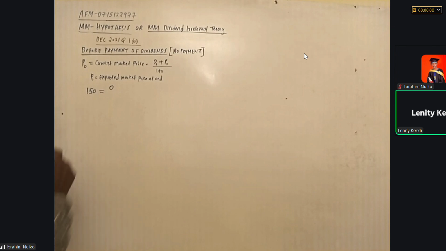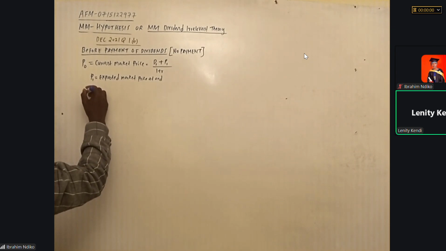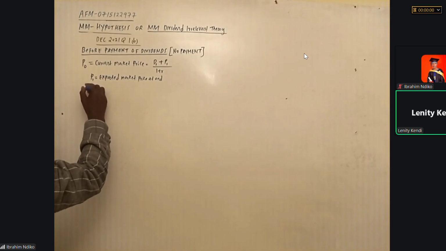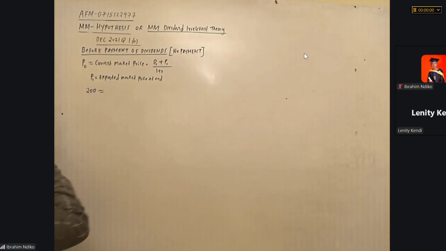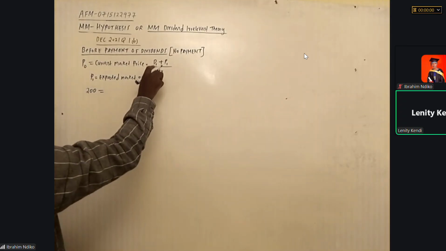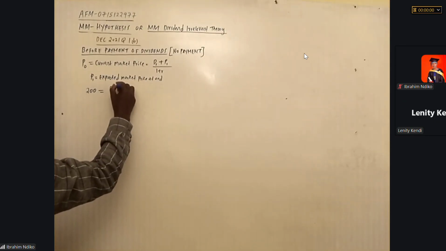The company currently has an issue of 500,000 shares outstanding and selling on the securities exchange at 200 shillings each. So the current price is 200. We are not paying any dividend in this scenario.